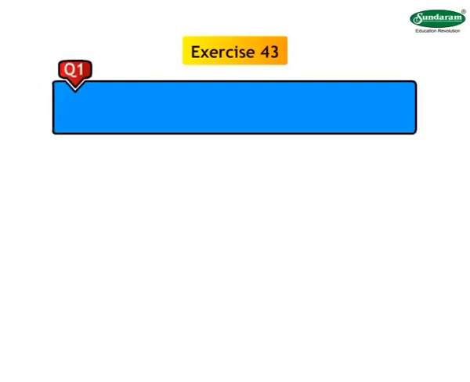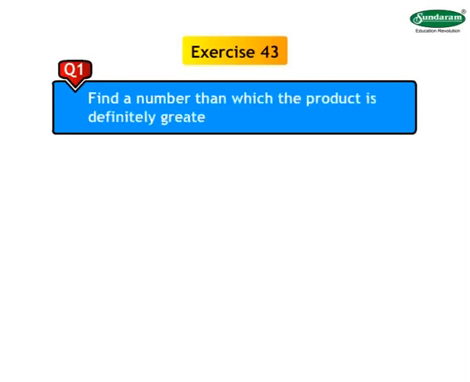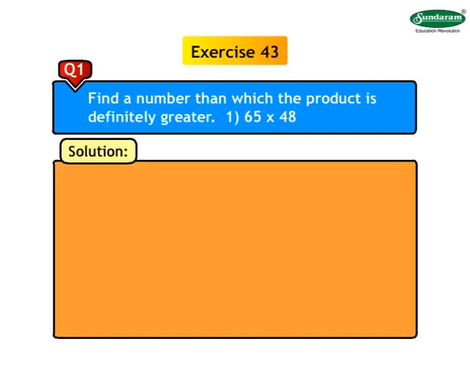Let us learn how to estimate the products of two numbers. Exercise 43. Question 1. Find a number than which the product is definitely greater. 65 into 48. Solution. The number 65 has 6 tens, that is 60.